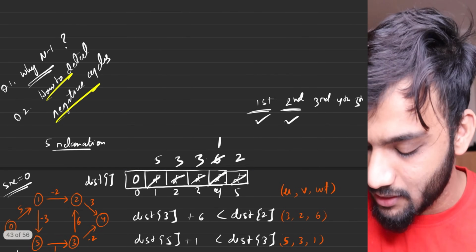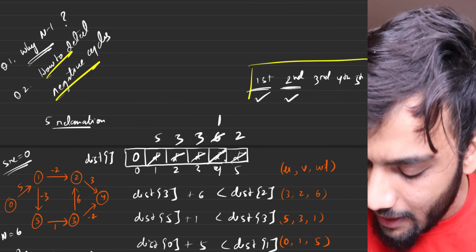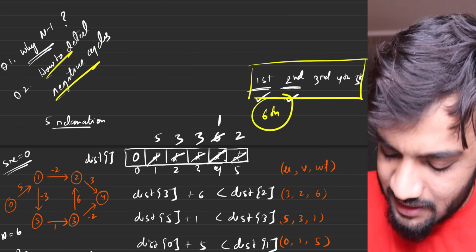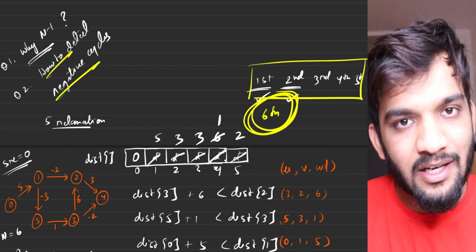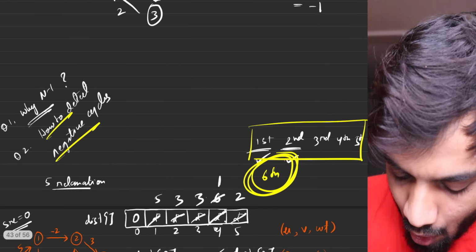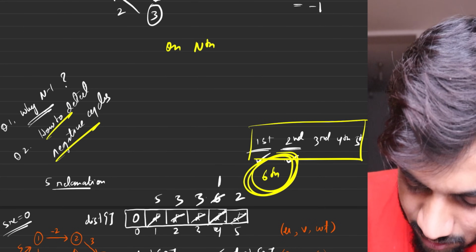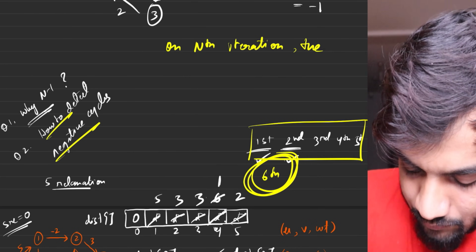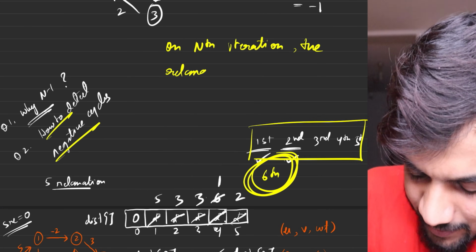If there were 5 iterations and you do the 6th iteration, the values will still reduce. The values will still reduce on the nth iteration. The relaxation will be done.